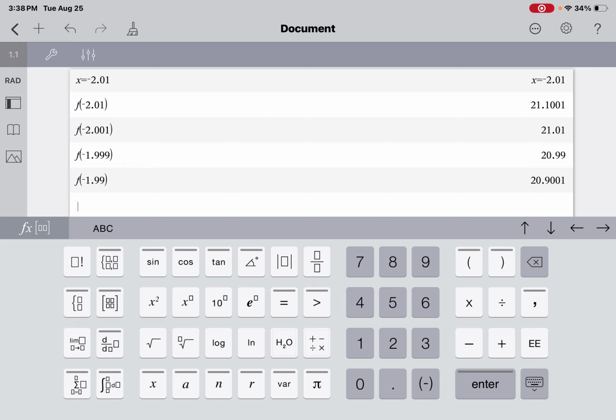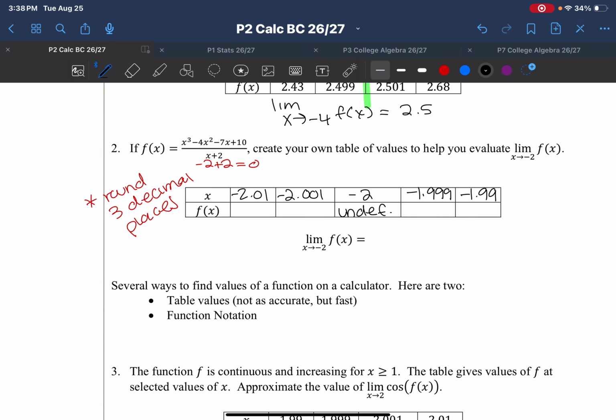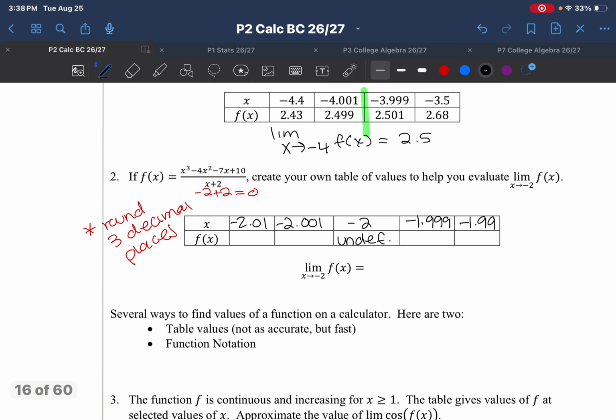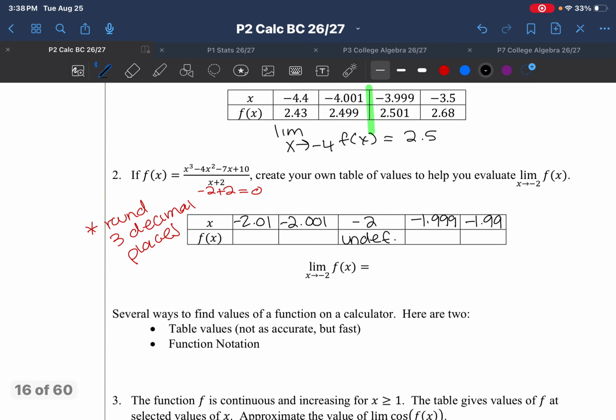Okay, back to this. Here I'm just filling in the values that I got, and I rounded to 3 decimal places. So I got 20.901, then 21.100, that's 3 decimal places.